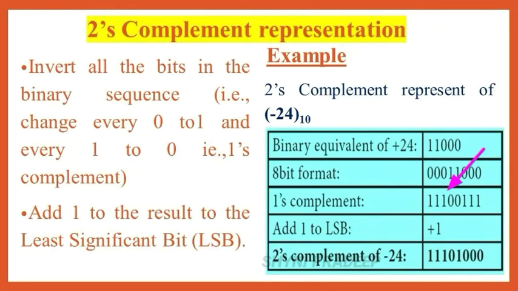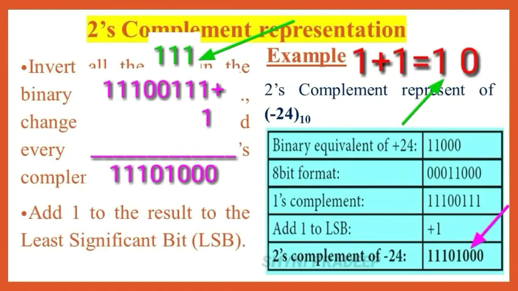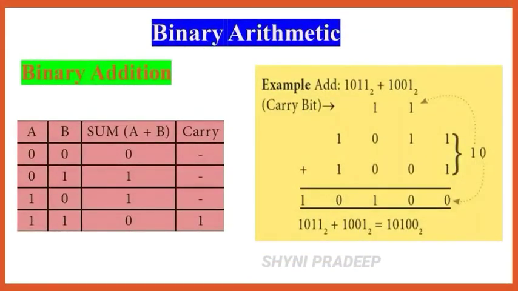Okay. 11100111. And now add 1. Okay, when you are adding 1, you will get the answer 11101000, which means 1 plus 1 is 10. Here 1 is the carry bit. Okay, and the next topic is binary arithmetic, binary addition.